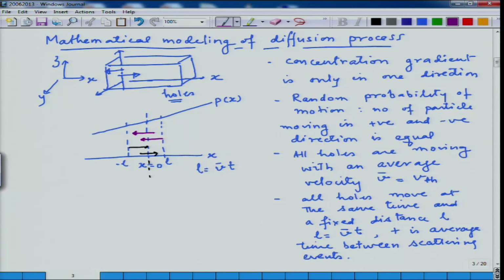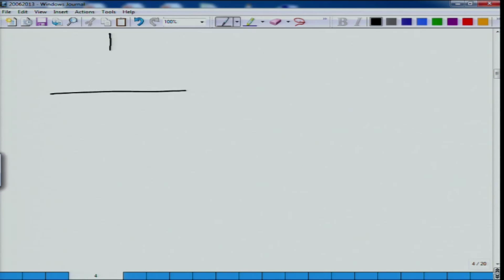Now let us look at how the carriers are moving across the boundary at x equal to 0. We are looking at the movement of carriers across x equal to 0 from the length on both sides equivalent to the mean free path length.